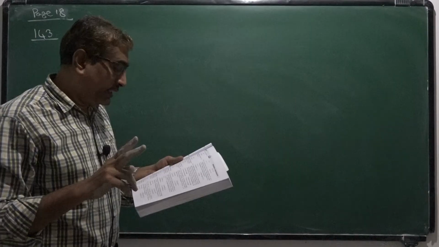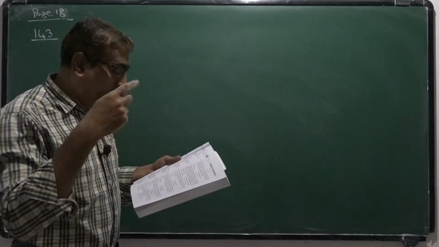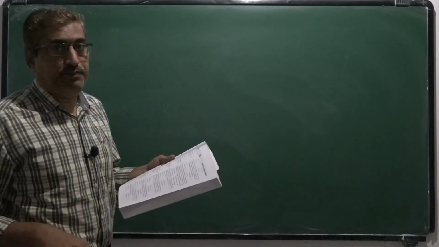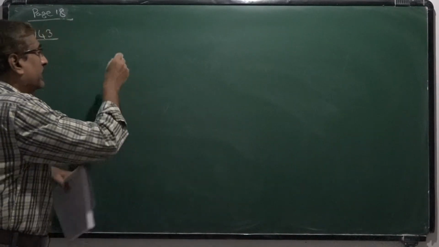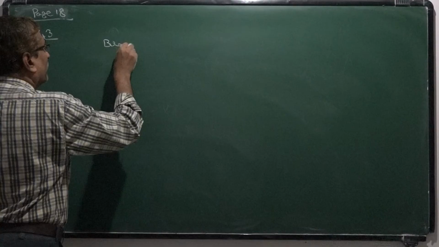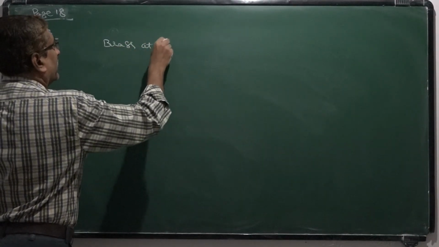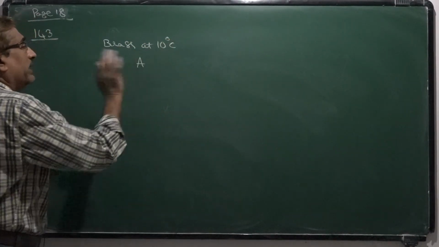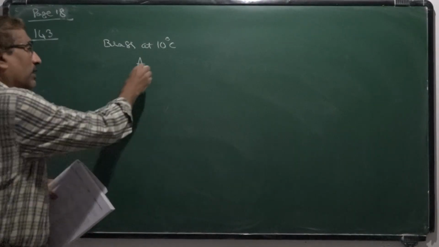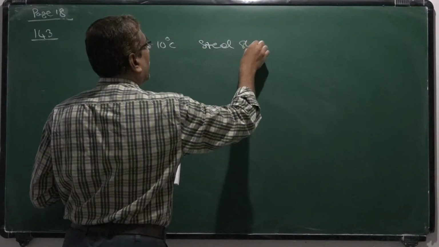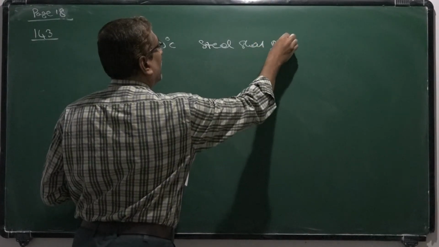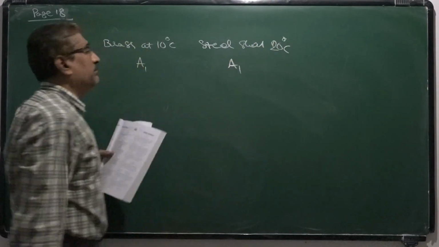The common temperature at which both would have the same area. Okay, question is a thin brass sheet at 10 degrees centigrade, assume that area is A1. Okay, a steel sheet at 20 degrees centigrade also has same area A1.